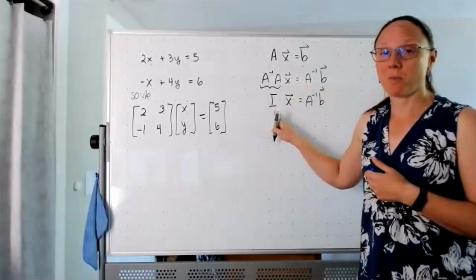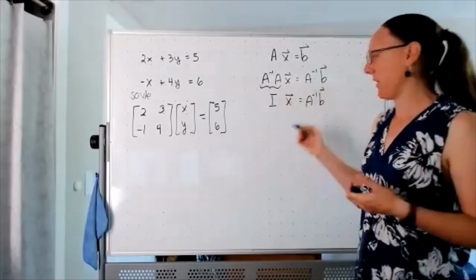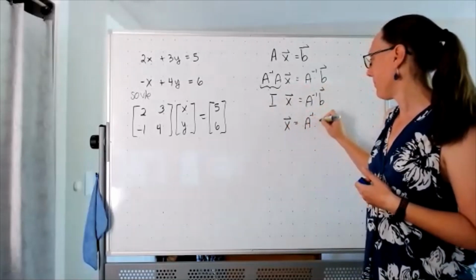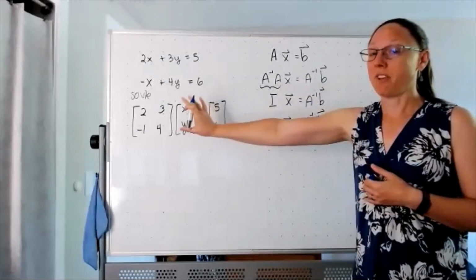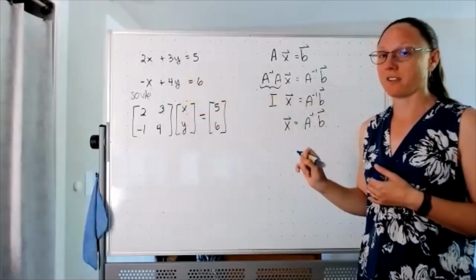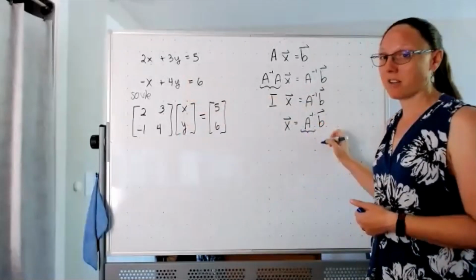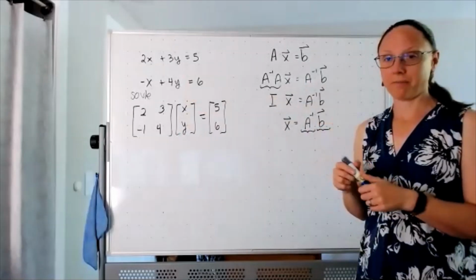And when I multiply the identity matrix by something else, it doesn't change the something else. So we can solve this system of equations by finding A inverse and multiplying it by the vector b.